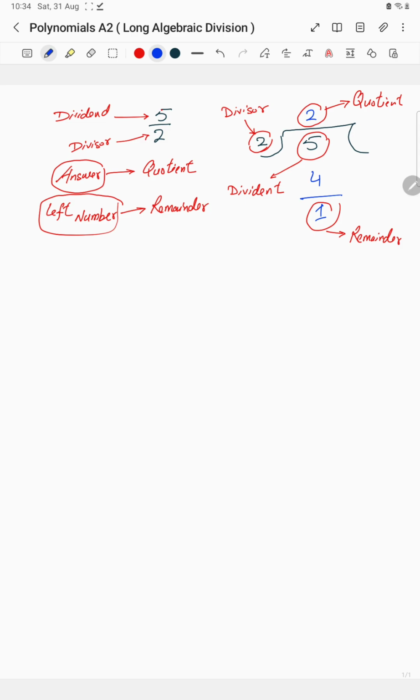Here I'm going to write a question for you that you need to divide. The question can be asked: find the quotient and remainder for 3x cube plus 17x square plus 18x minus 8.